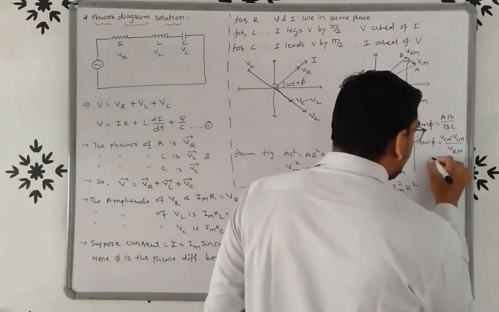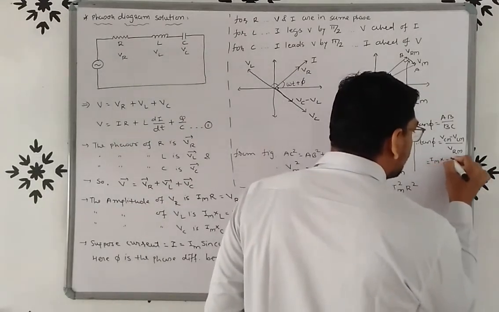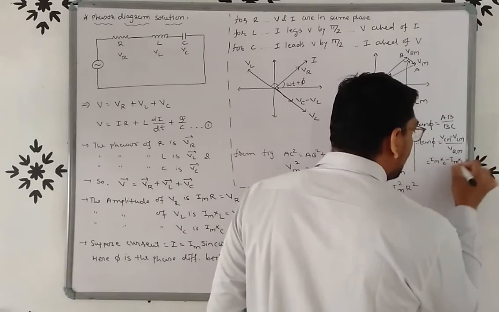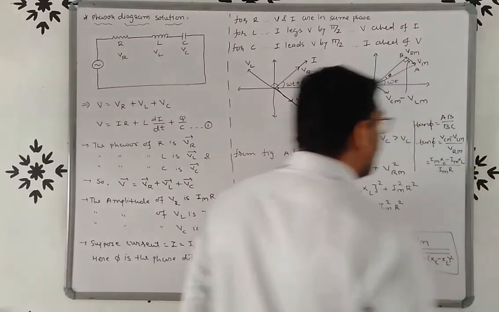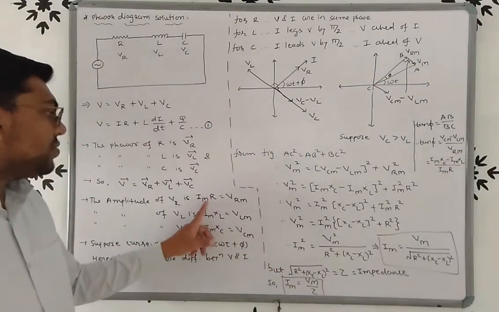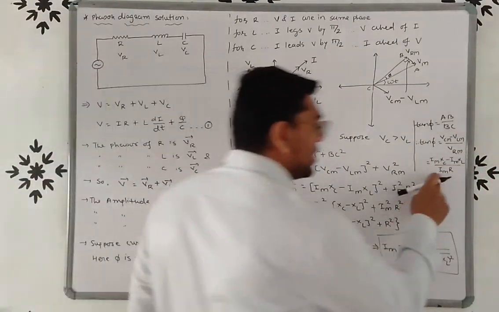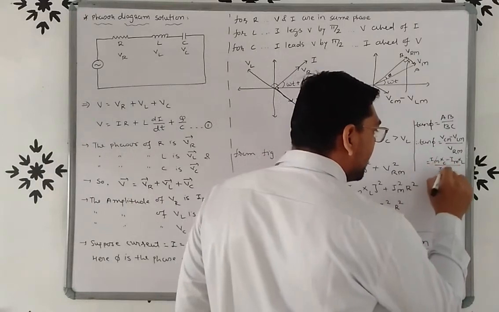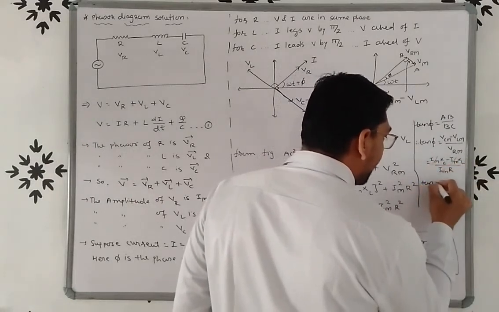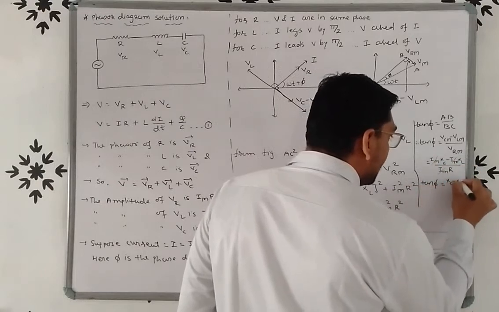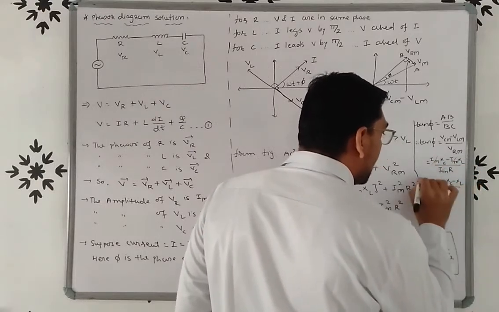So here Im into XC minus VLM, that is Im into XL, upon VRM. VRM is equal to Im into R. So here this Im cancels, and we get tan phi is equal to (XC minus XL) upon R.